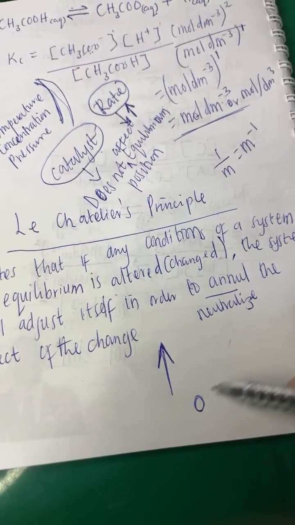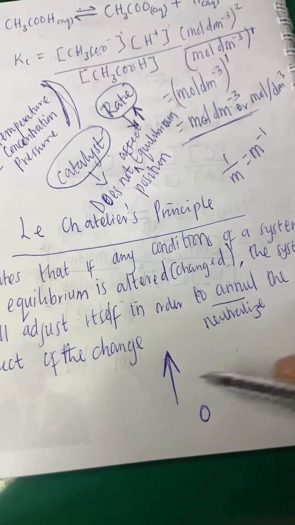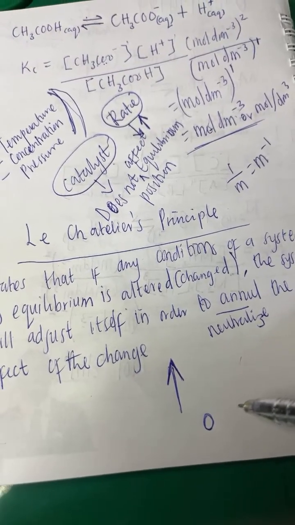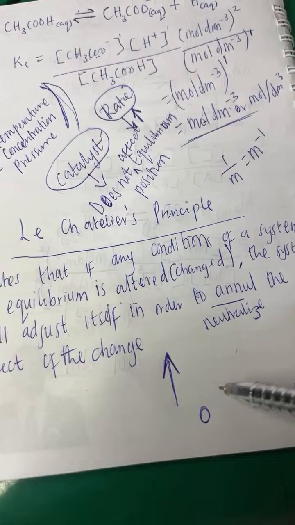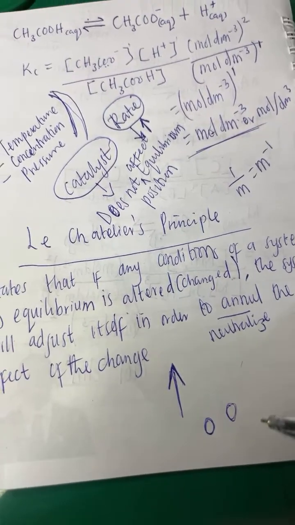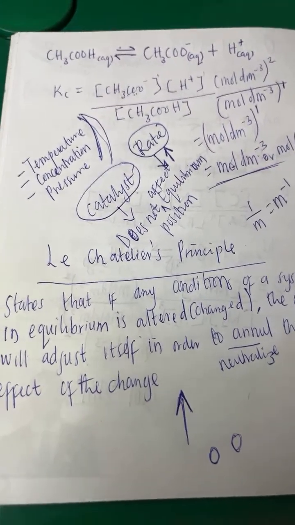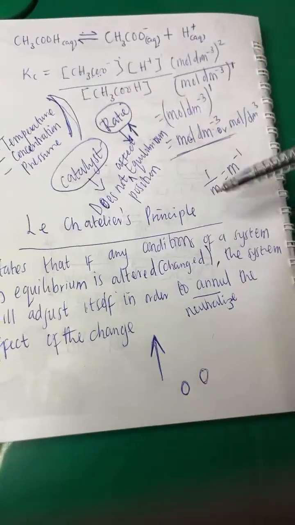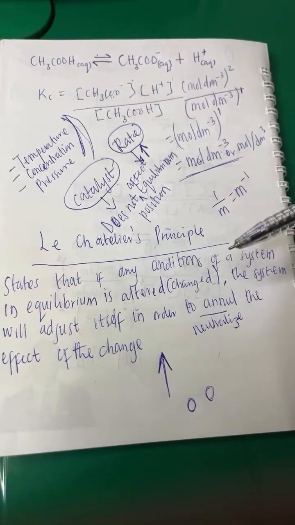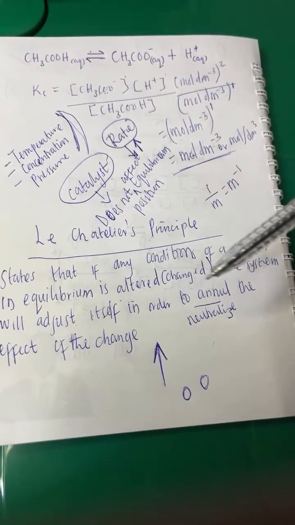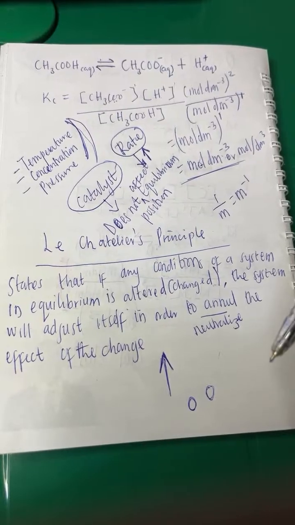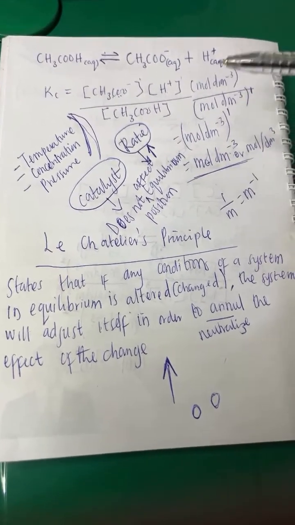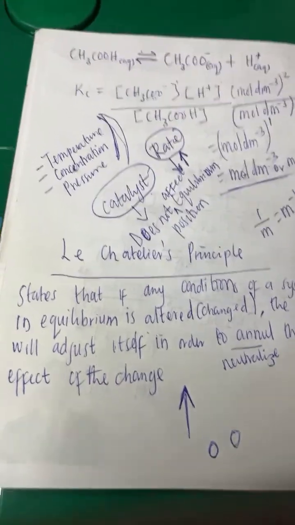So the system will need to adjust itself in order to come back to equilibrium again. That is what Le Chatelier said: if any of the conditions of a system in equilibrium is altered, the system will adjust itself in order to annul, or neutralize, the effect of the change. Right? So they always want to be in equilibrium.